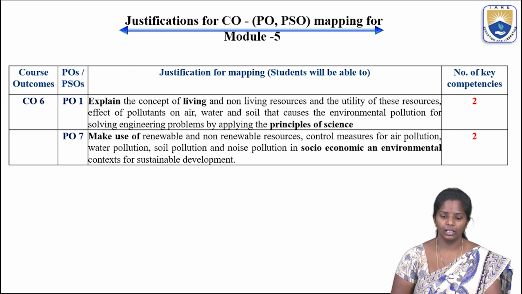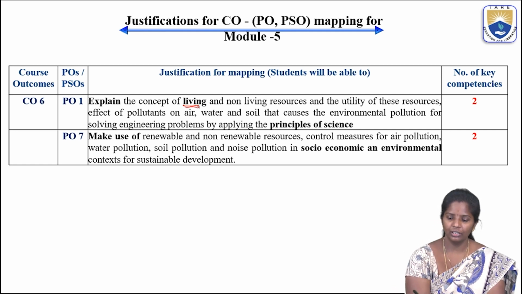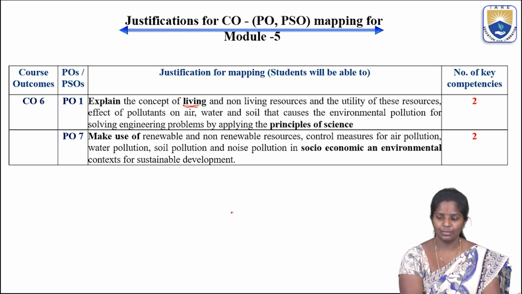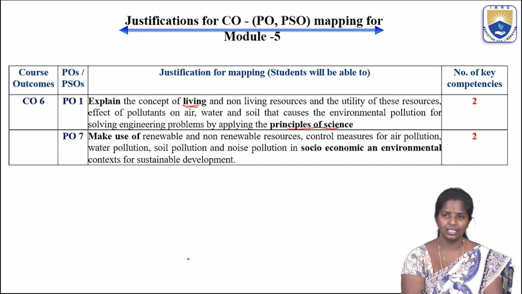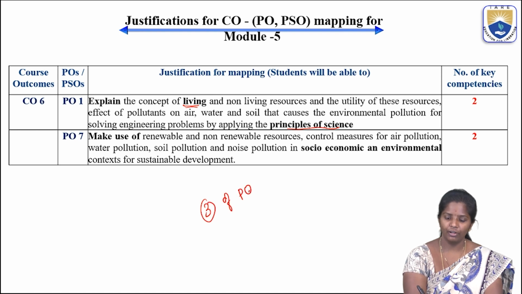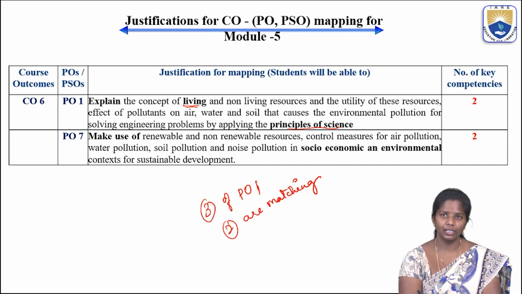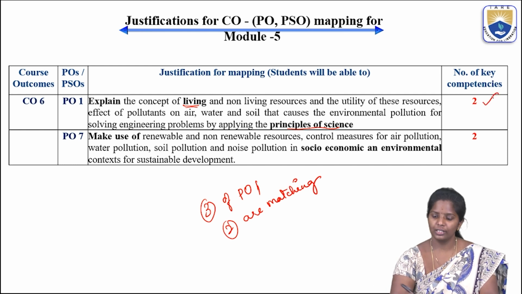If we see in detail, PO1 gives an understanding of living and non-living things, and explains the principles of sciences. It means that out of 3 key competencies of PO1, only 2 are matching. No mathematical principles, so 2 is given.